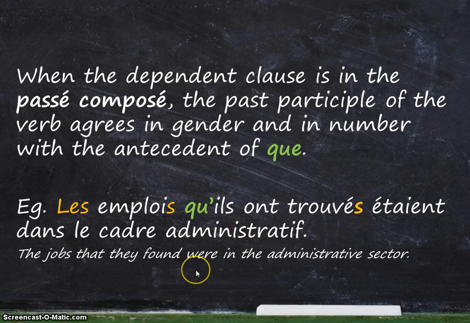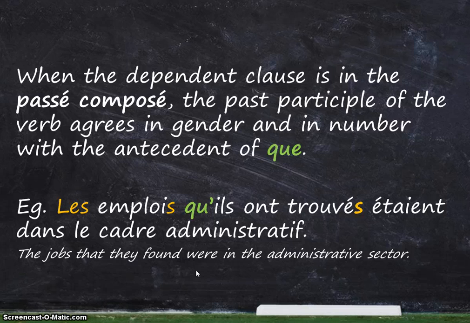So to summarize it, que is used as the direct object of the dependent clause, right? And qui is used as the subject of the dependent clause. I hope you understand what I'm saying.